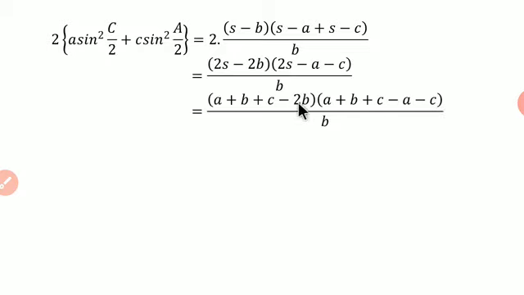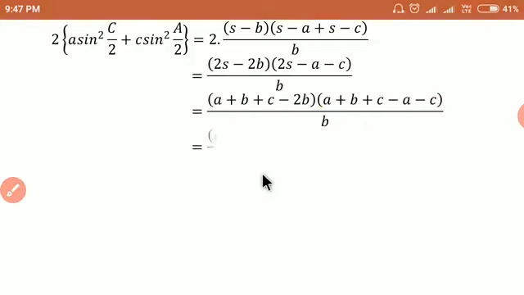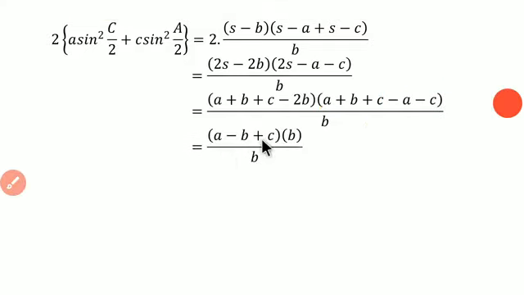Now here b minus 2b is minus b, meaning in the first bracket we now remain with a minus b plus c, and in the second bracket we observe here a gets cancelled, similarly c gets cancelled, meaning in the second bracket we remain with b and that b gets cancelled with the denominator also. So we get it is equal to (a minus b plus c) multiplied by b divided by b.